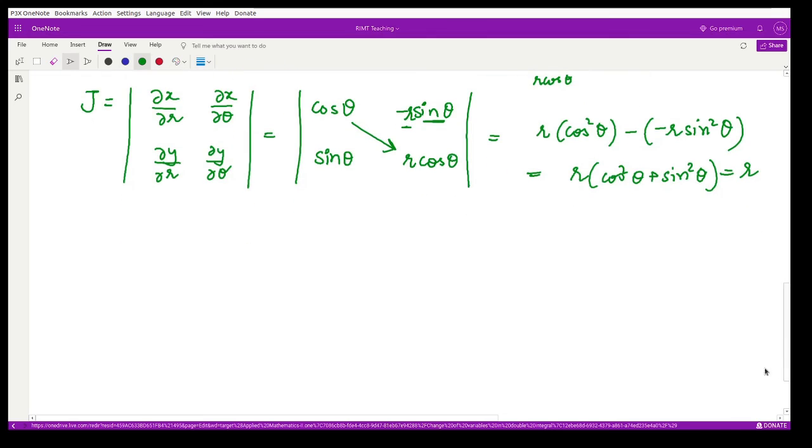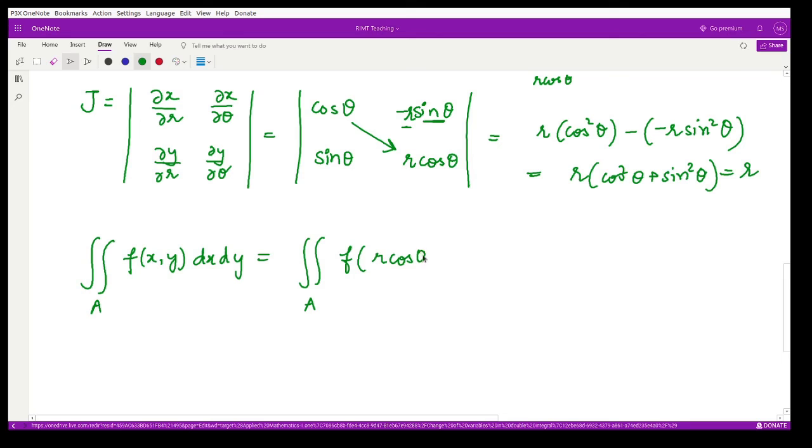So in this case, your formula for double integral simply reduces to the double integration over the region A of the function f of x y dx dy, that reduces to the double integration over the region A of the function, instead of x now we will be writing r cos theta, instead of y we will be writing r sin theta, into the value of Jacobian that we have just calculated, equal to r into d theta dr. Now it could be anything, dr into d theta.